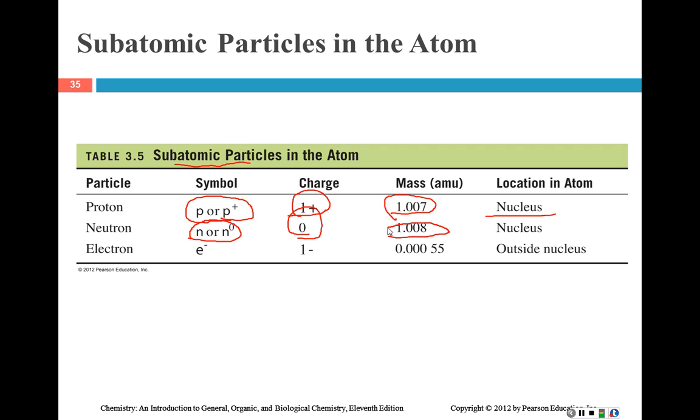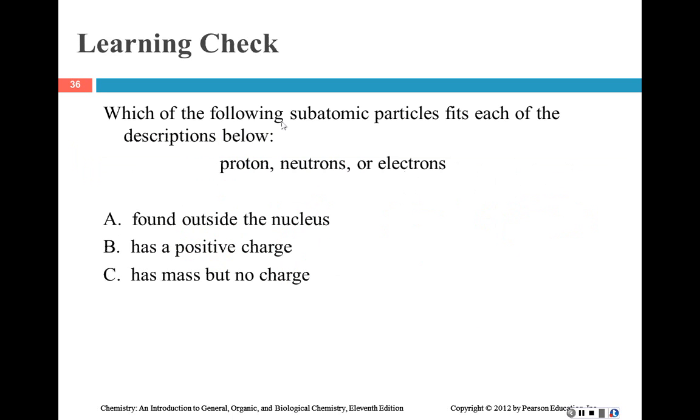It has about a 1 mass, and it's found in the nucleus. The electron, E-, is a -1 charge, very tiny mass, and it's found outside the nucleus. So most of the mass of an atom is found where? In the nucleus.